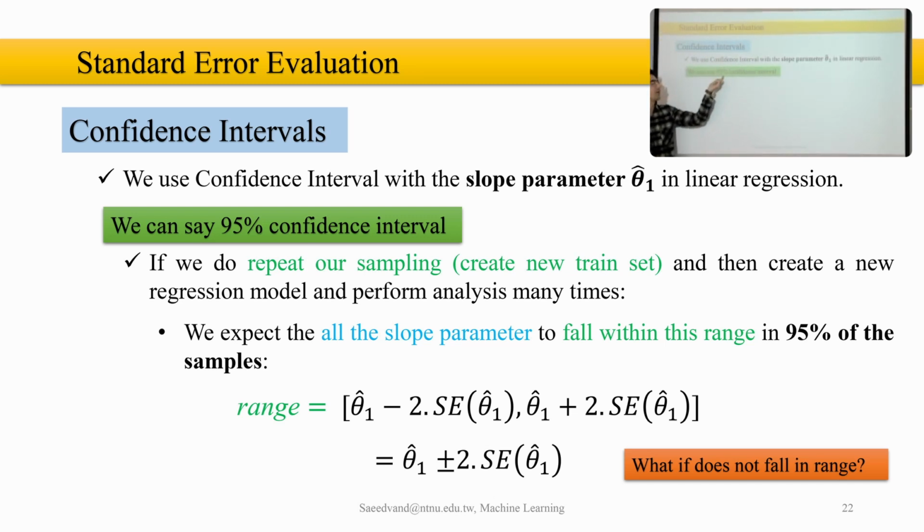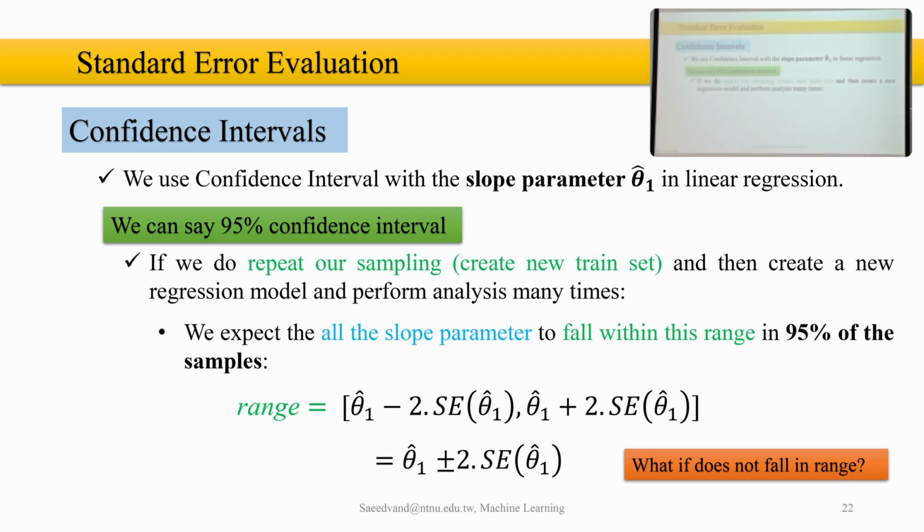We write an equation to define it. And we say if we repeat our sampling, create a new train set, and then create a new regression model, we can say 95% of the times all my data will be predicted pretty fine.